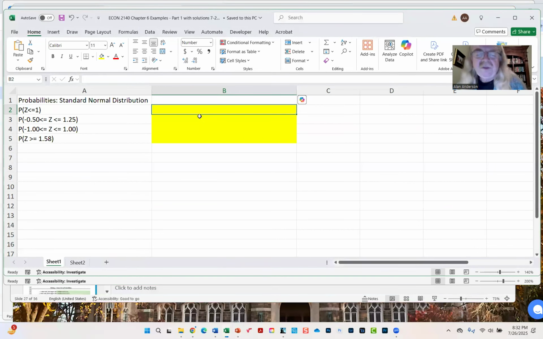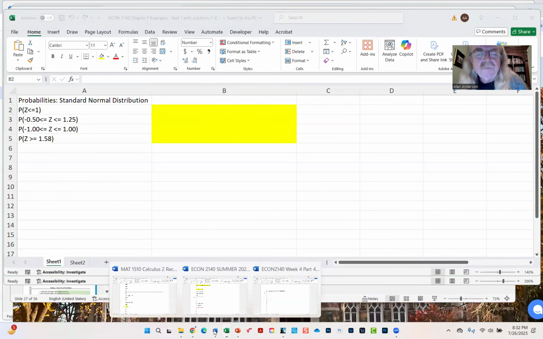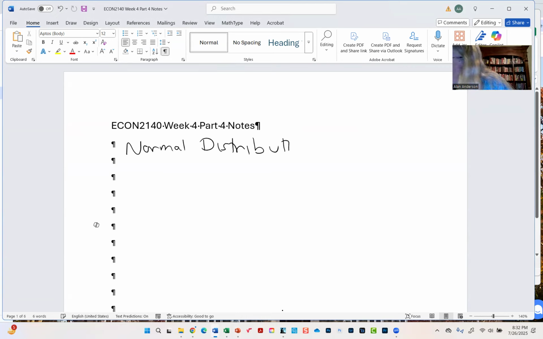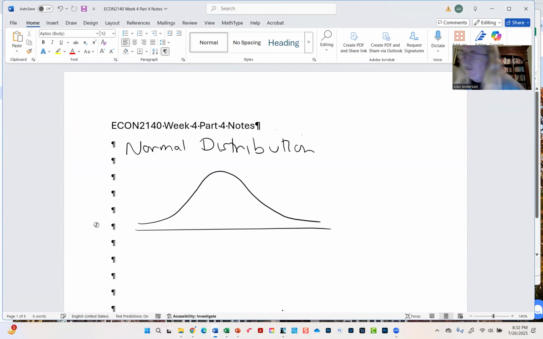Now, I do remember the other day I mentioned that the normal distribution has a bell-shaped curve. The two values that uniquely identify it are the mean and the standard deviation.